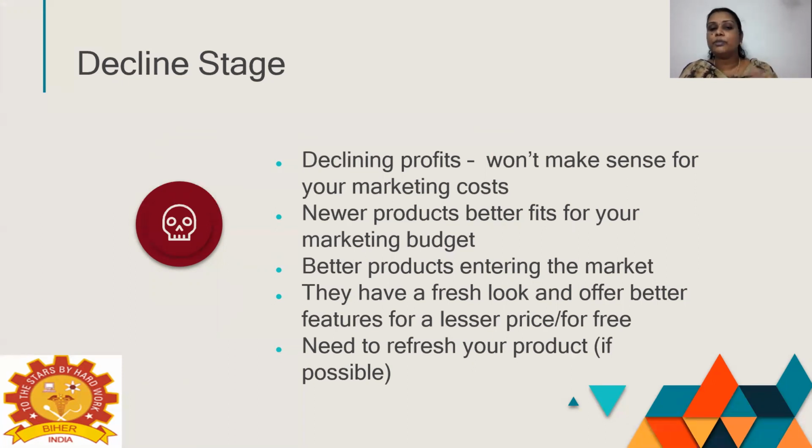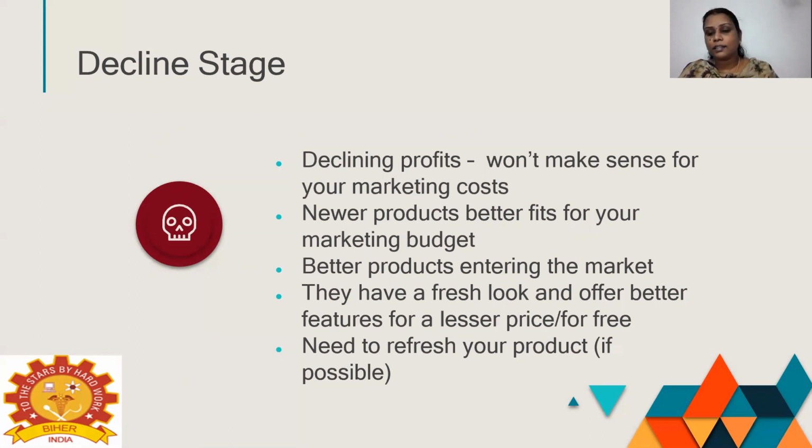A selective distribution mode can be adopted to reduce costs. These are the characteristics of the decline stage, where declining profits actually increase your marketing costs. Newer products better fit your marketing budget. So you have to make a decision, and look for a fresh look and offer better features for a lesser price for the product to be refreshed in the market.